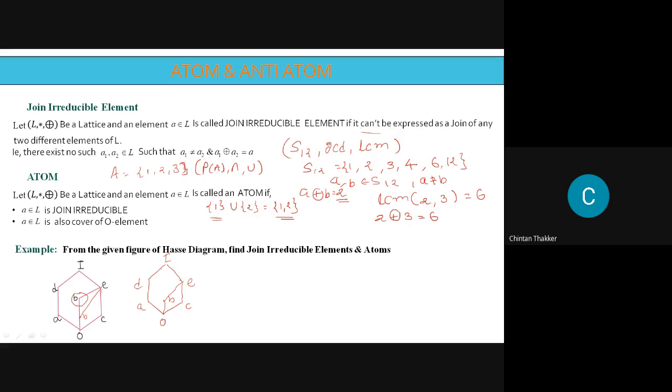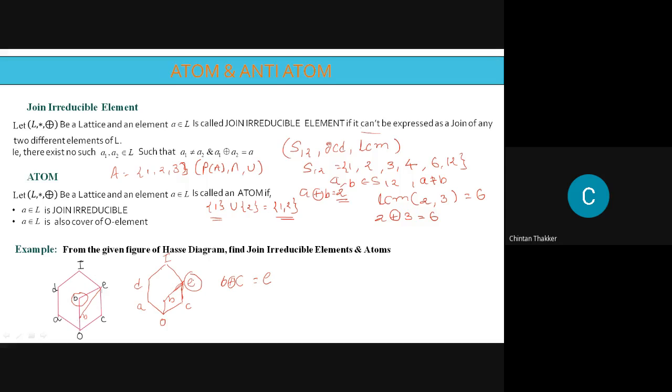Now see the join: if we take E, two lines are coming into E from downside. So if we take B ring sum C, then it will be E.